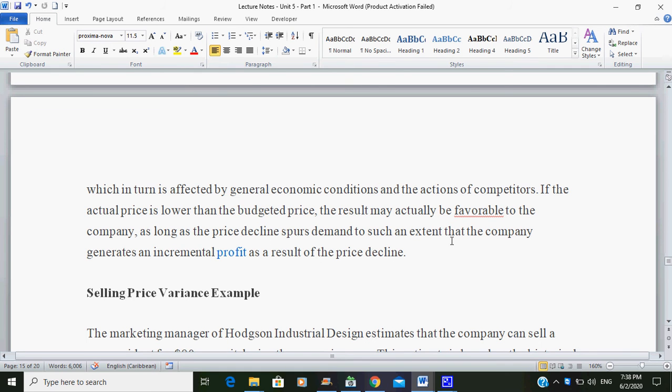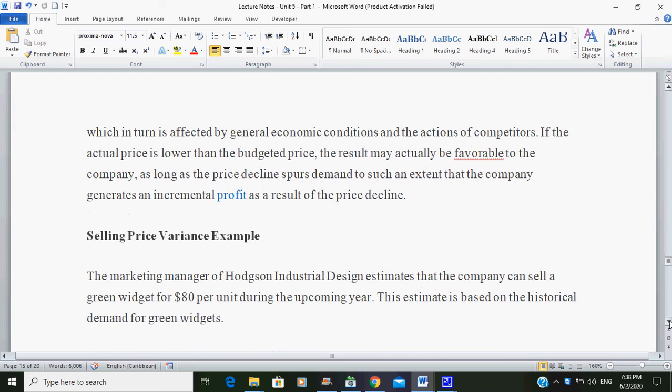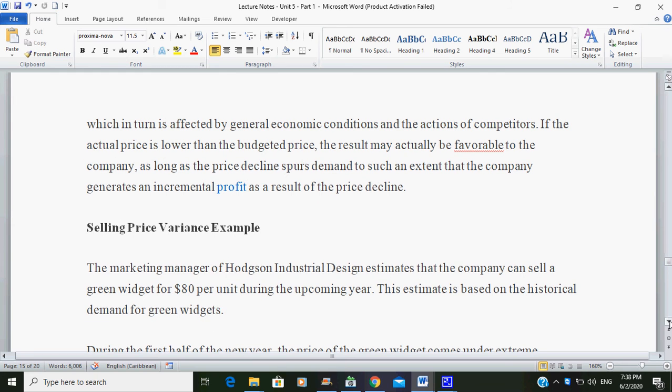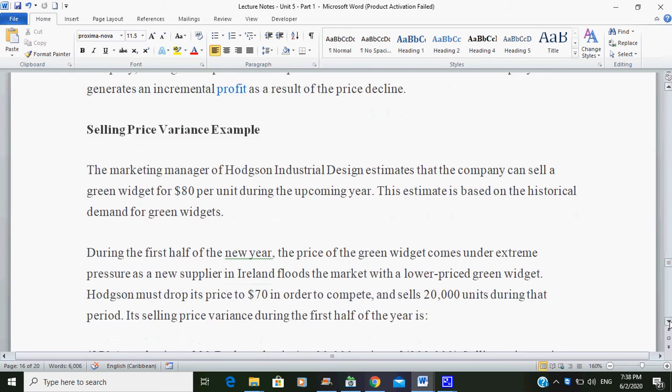Its selling price variance during the first half of the year is, alright, first thing, remember the formula? Actual price minus budget price times actual unit sales. Should have been 70 minus 80, or would say in this case 80 minus 70.